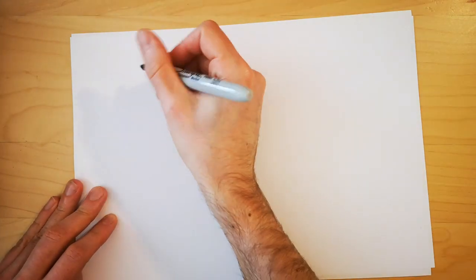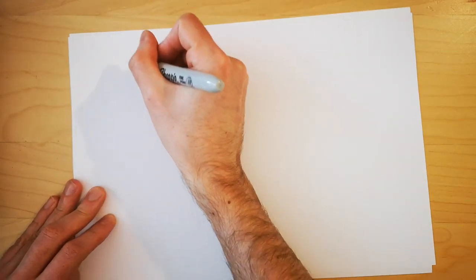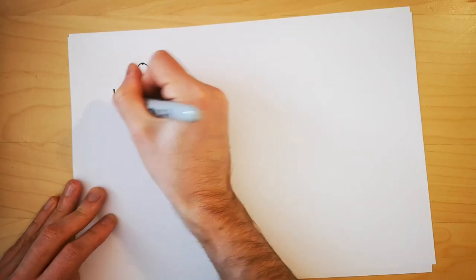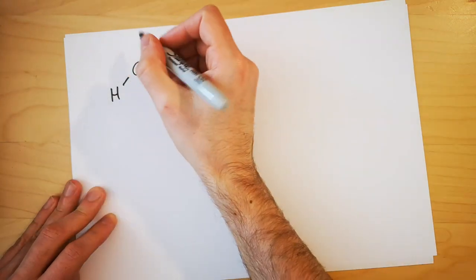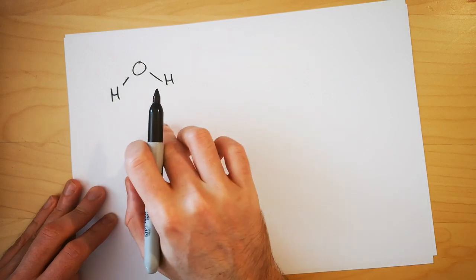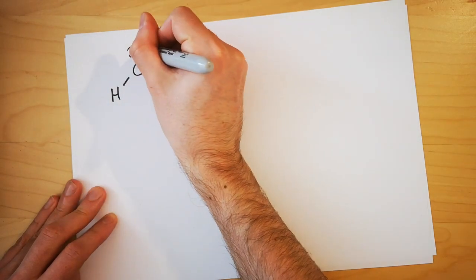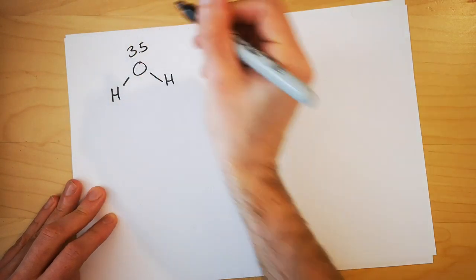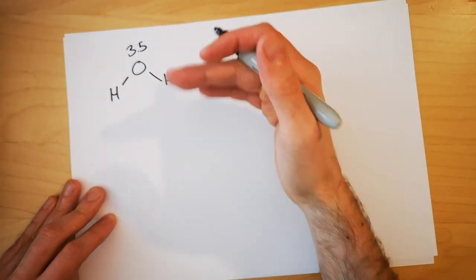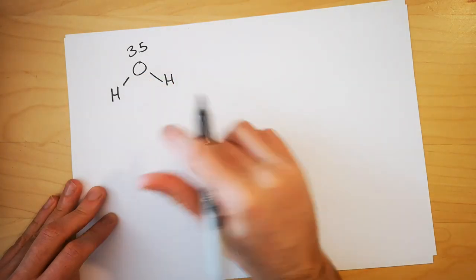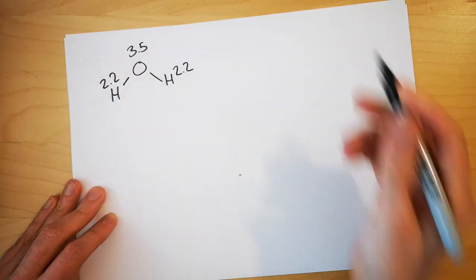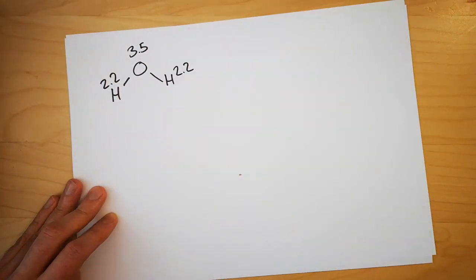So what I want to do is show you first a water molecule which has this angular structure here. Now, as we spoke about before, there's different electronegativities for each element, and the electronegativity for oxygen is 3.5 on the Pauling scale, which means it's got a fairly high pull for electrons. As we discussed earlier, hydrogen has an electronegativity of 2.2.